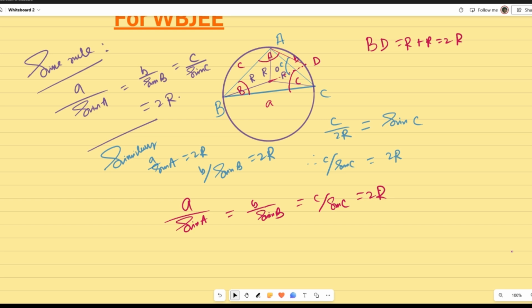Now, what is the cosine rule? After the sine rule, we will learn the cosine rule.